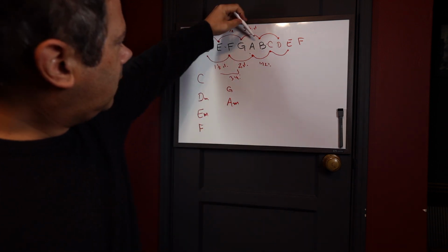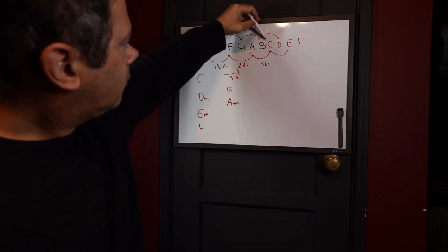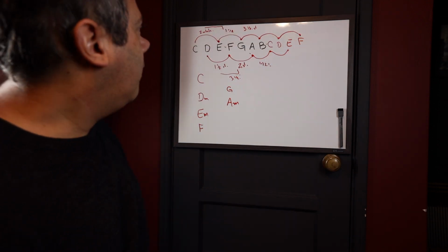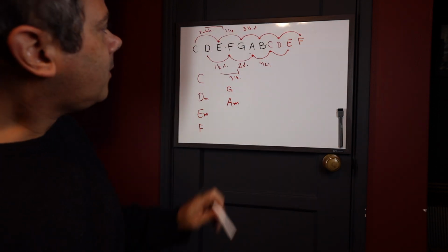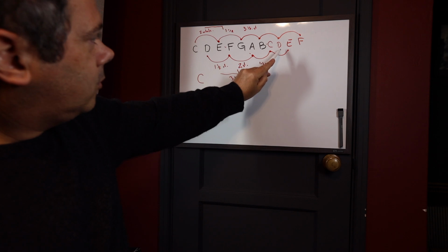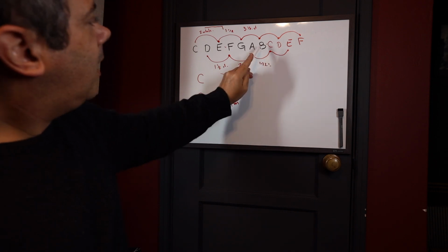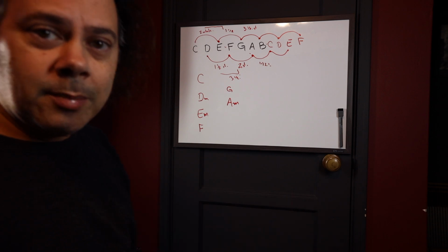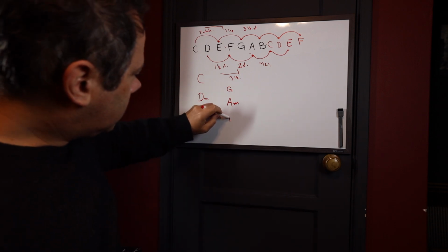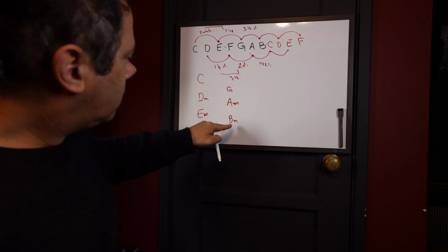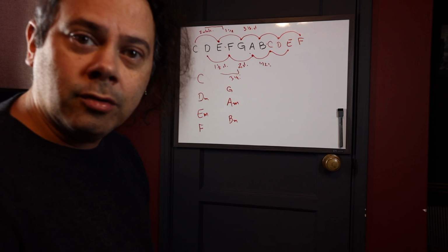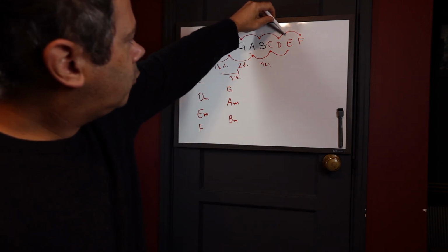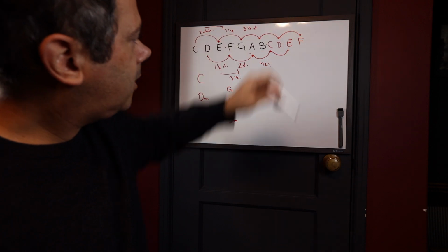Now we go to the B. B, 1, 2, 3, and 1, 2, 3, F. So from B to D, I have a half step, 1 step. It's 1.5 steps, which means that this B chord, it's a minor chord. And then from D to F, I have 1 step here and a half step here.